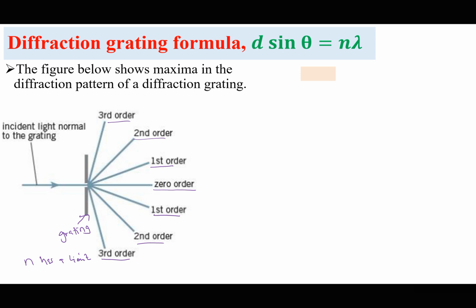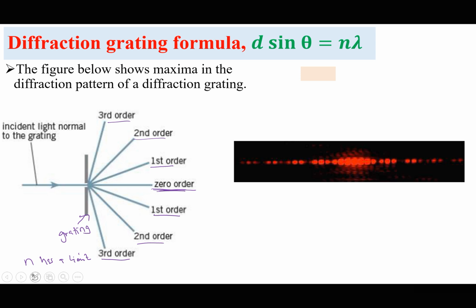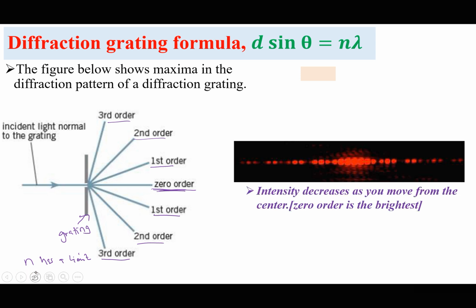Because all the light travels the same distance to reach the center to form the zeroth order maximum, at the center we have the brightest spot. And so that means the central maximum has the highest intensity, because brightness is related to intensity.